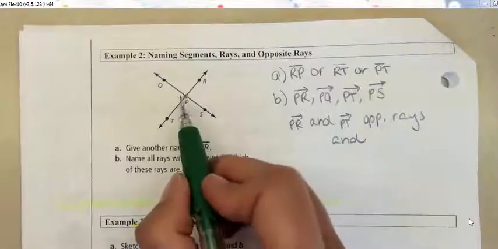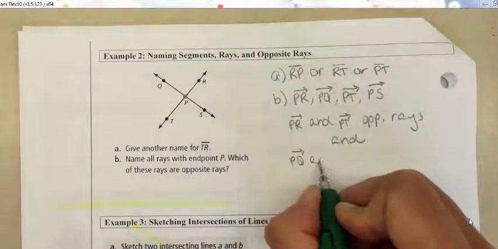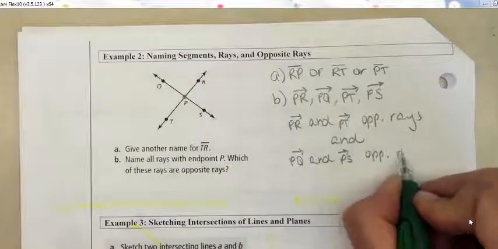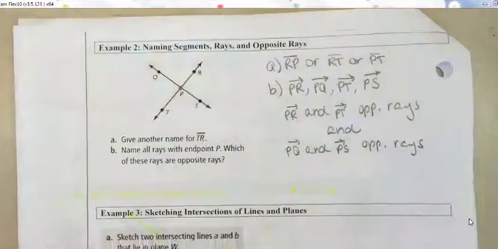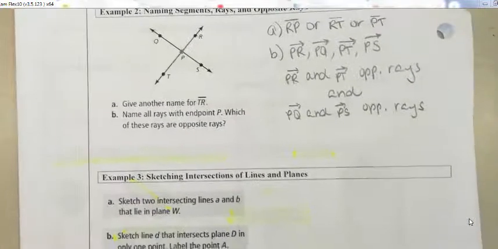And the other ones would be ray PQ and ray PS. I guess actually I could have probably just highlighted them in coordinating colors, but good enough.